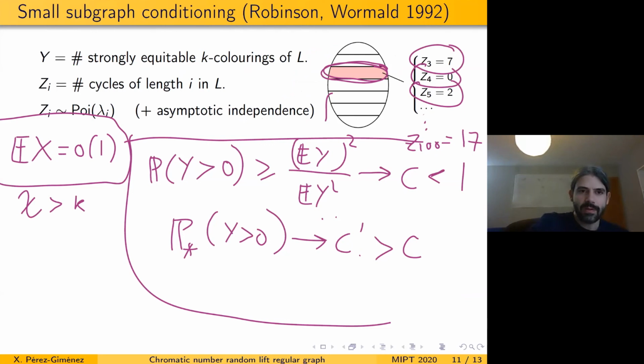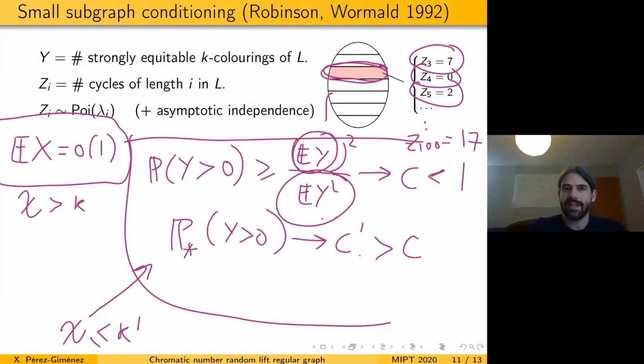For the upper bound, you restrict your attention to strongly equitable colorings, but you still need to compute the first moment and the second moment. And the techniques for computing the moments are similar in all three cases, only that things get more complicated for a second moment, but they get simpler because strongly equitable simplifies the calculation.